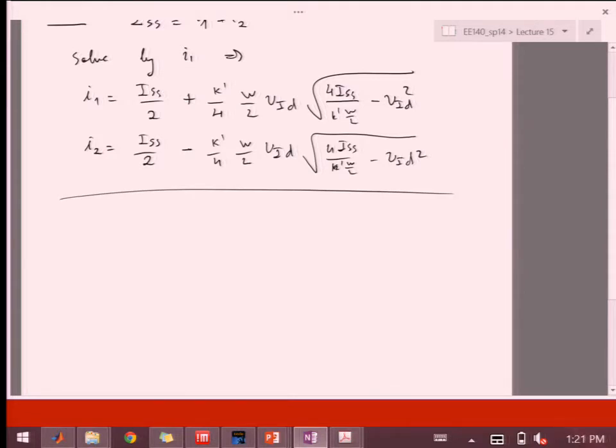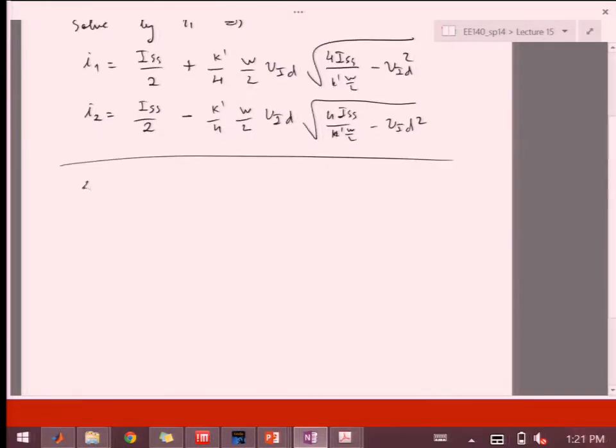So if I subtract the two, then I'll get that my delta I is equal to K prime over 2 W over L VID, and then the square root.